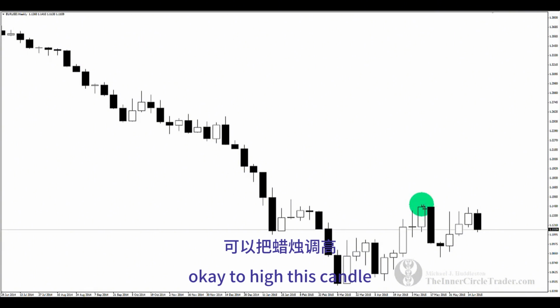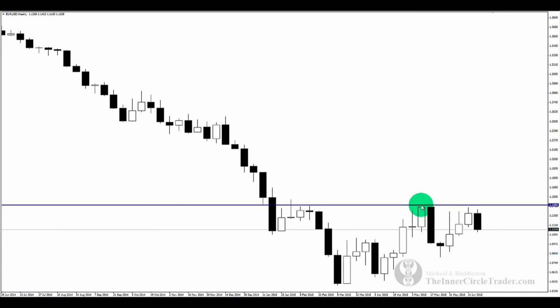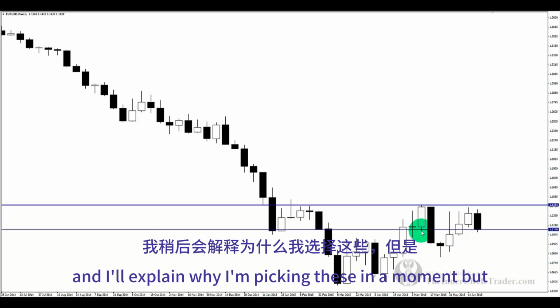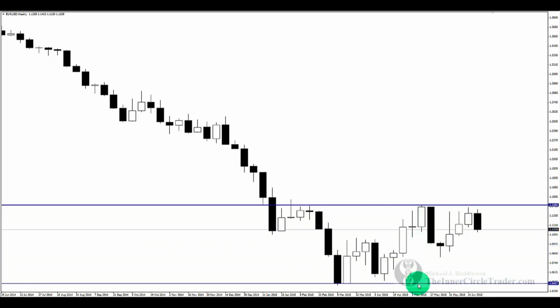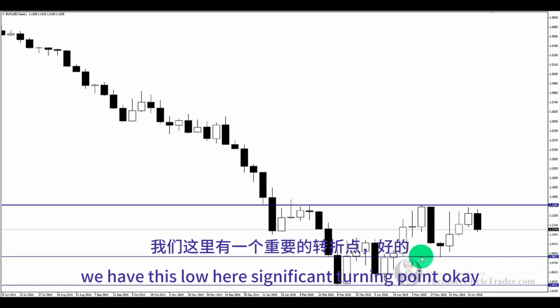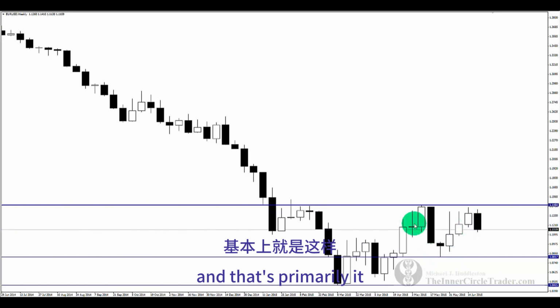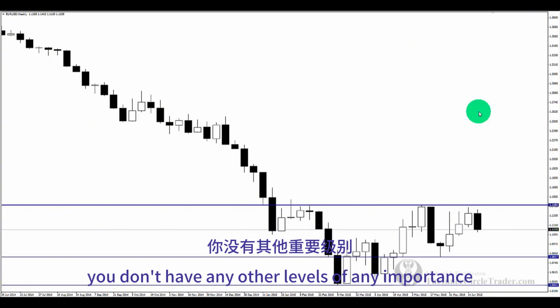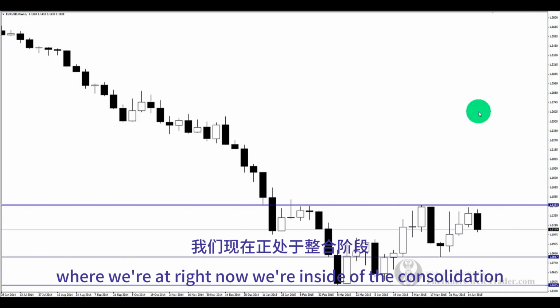The high of this candle, and I'll explain why I'm picking these in a moment, but we have the low, we have this low here, significant turning point. And that's primarily it. You don't have any other levels of any importance where we're at right now.